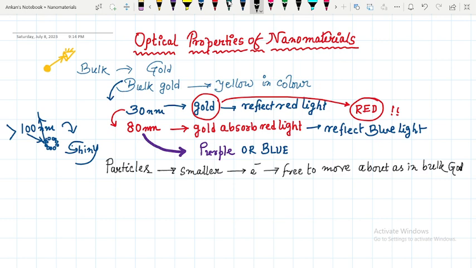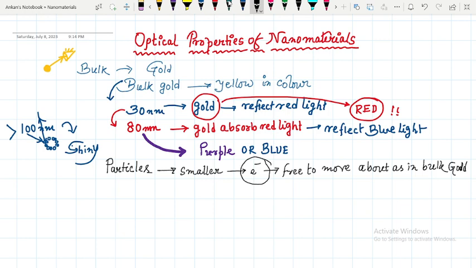So in other words, we can say that some quantum confinement of these electrons happens there. We have studied what quantum confinement is. That is the restriction of the motion of electrons within a small distance or small shape.